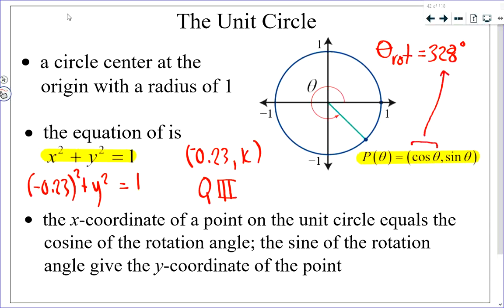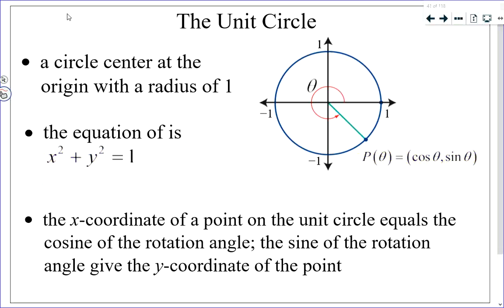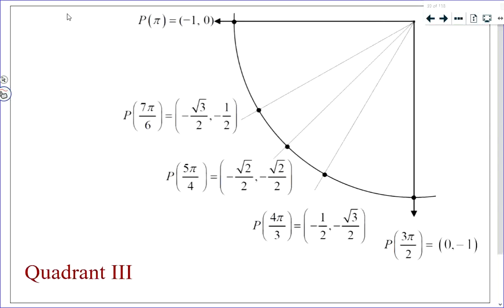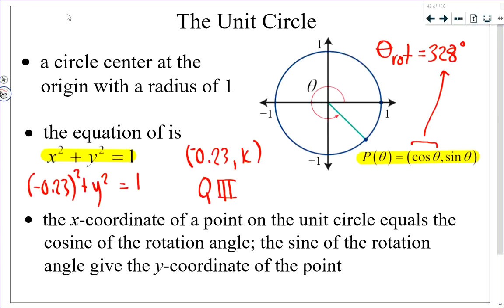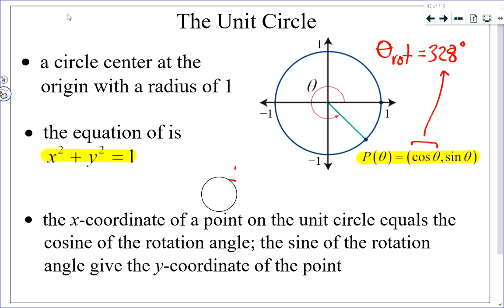So I'd just take my calculator, put it in degree mode, and find the cosine of 328 degrees. So don't lose sight of those things about the unit circle. Yes, it's about the bigger picture, like finding sines and cosines of these special angles, but it's also about these 2 points that are highlighted in yellow.